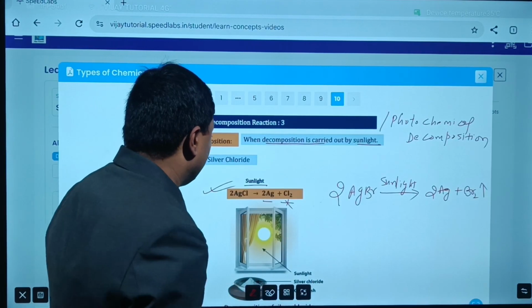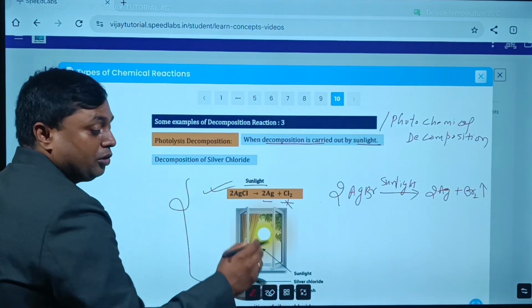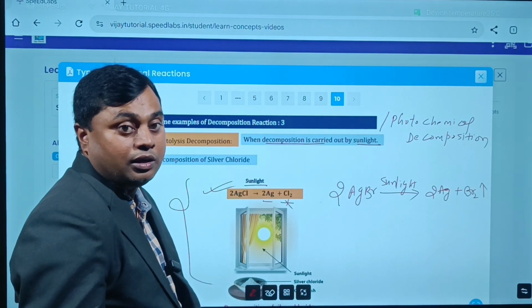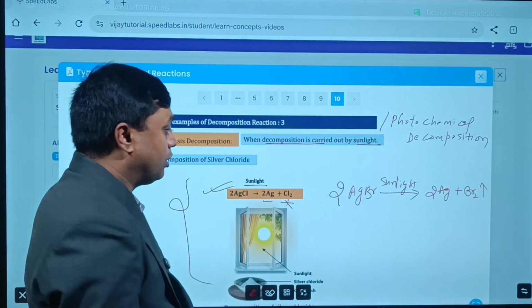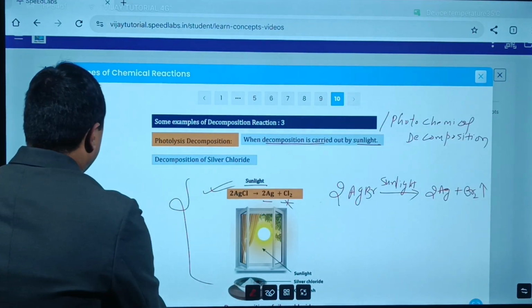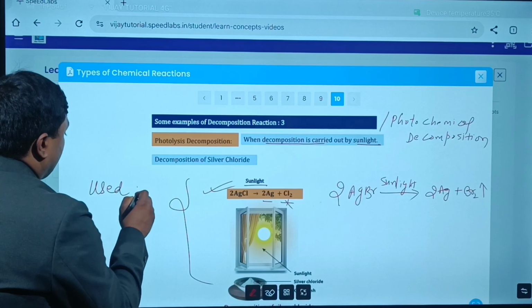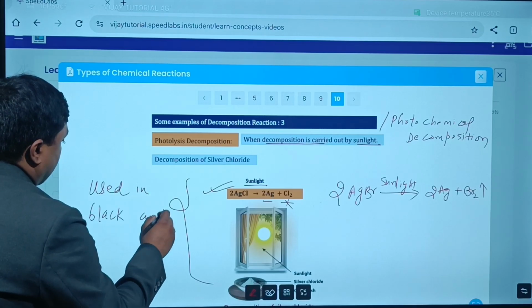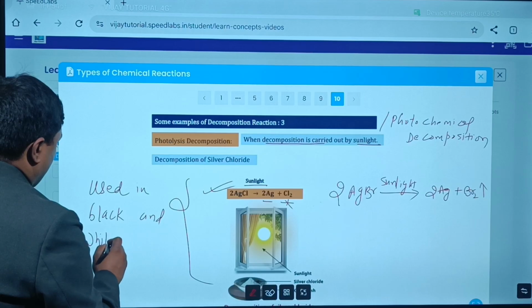They are asking one question: name two reactions, or write two reactions, which are used in black and white photography. So decomposition of silver chloride and decomposition of silver bromide are used in black and white photography.